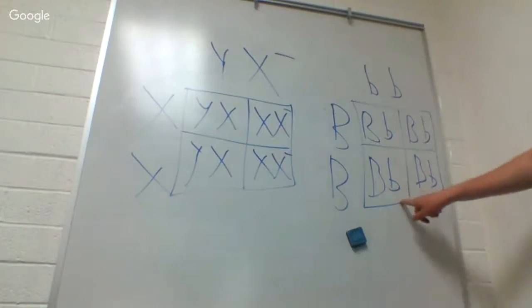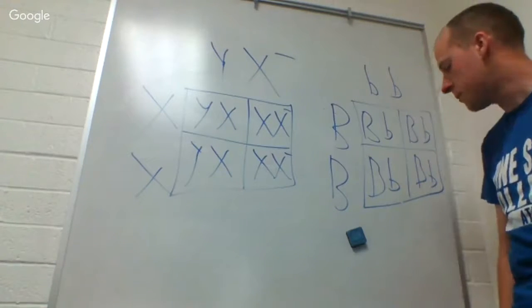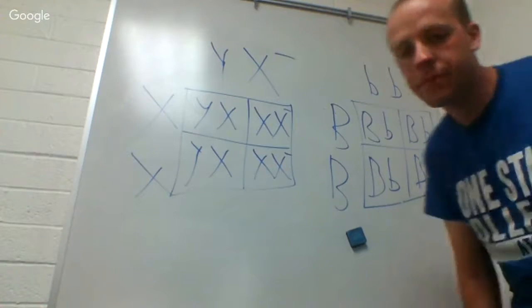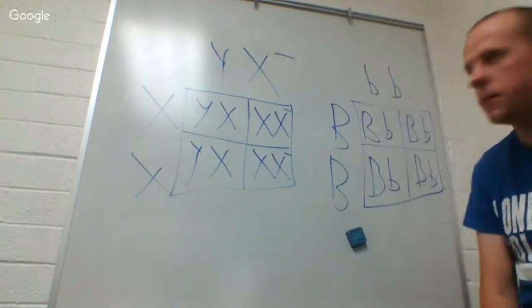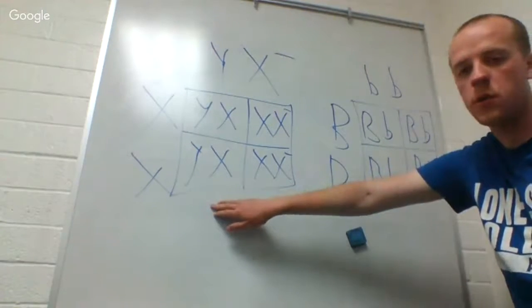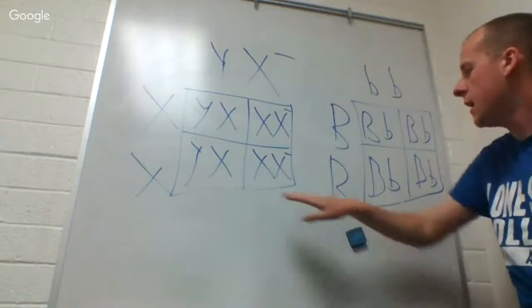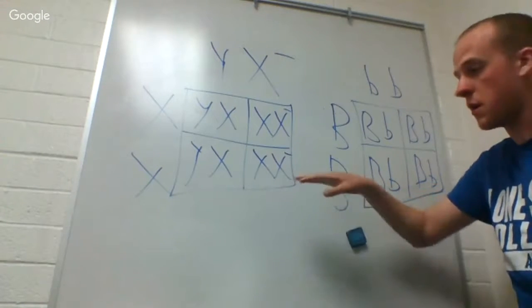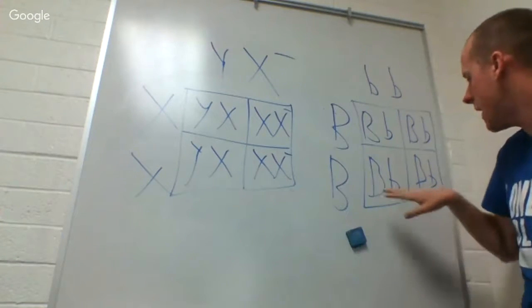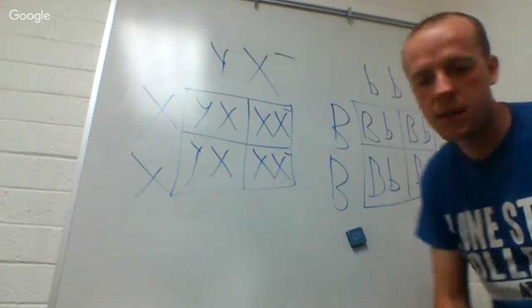So they all will be heterozygous. So they all will be black and white spotted. So you'll have some that will be males that are normal with black and white spots. Some that will be females that are normal but are carriers for the shaker trait. And they will also have black and white spots.